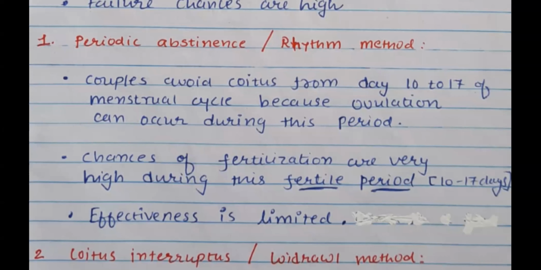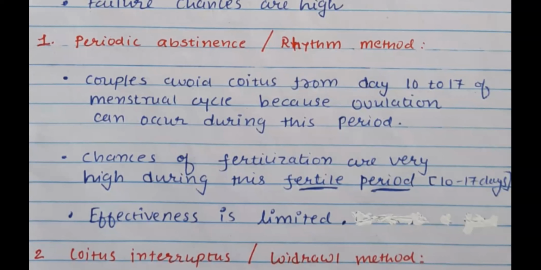Maximum 3 to 5 days sperms can be alive. So 1 day for the ovum, and 3 to 5 days maximum for sperm. It depends on the sperm capacity. Some sperm can remain alive for 5 days, some for 3. So the range is that sperm survive 3 to 5 days in the female reproductive tract.